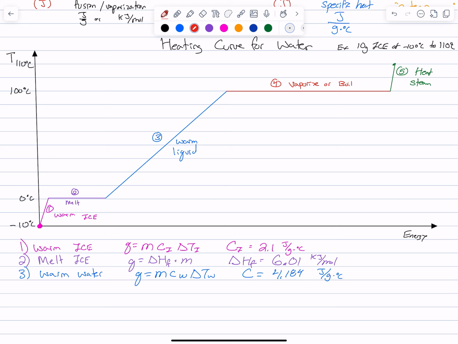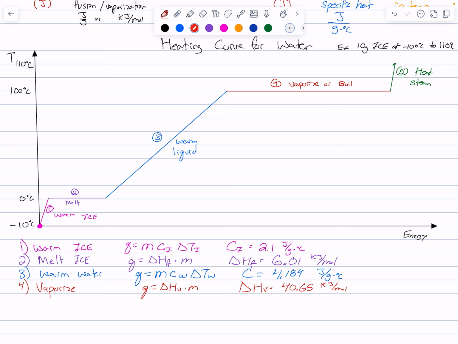Then we got to boil or vaporize. Q equals delta HV times the mass. And our delta HV is 40.7, or I have 40.65 written down, kilojoules per mole.